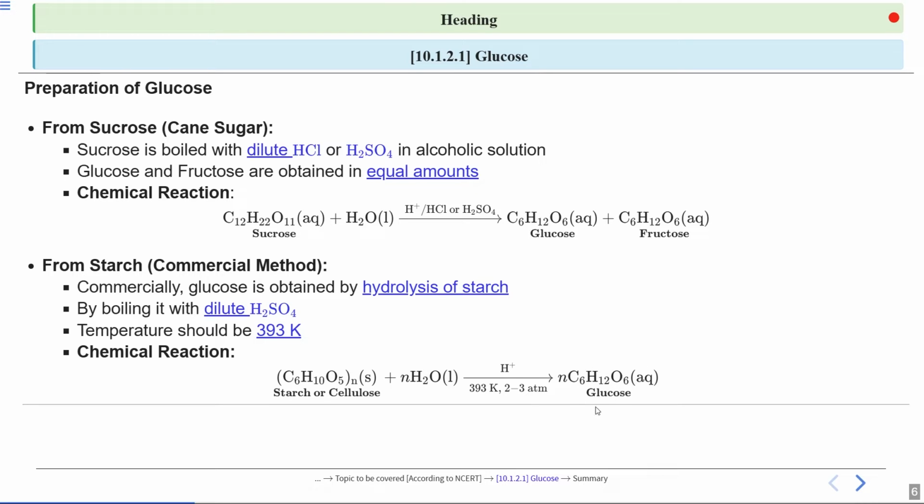It produces n molecules of glucose. So n over here stands for the number of repeating units in the starch molecule. So this reaction shows how a complex carbohydrate can be broken down into simple sugars like glucose. Okay, so this was from sucrose and from starch.